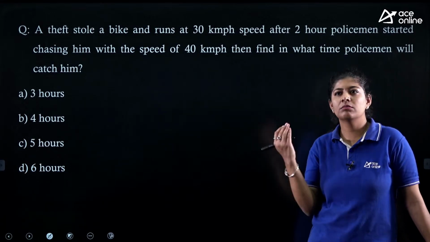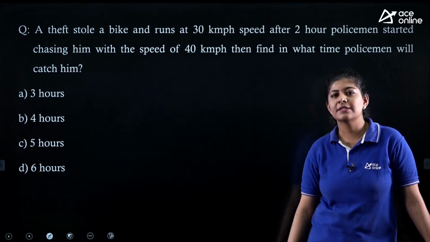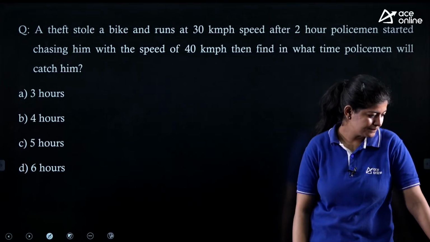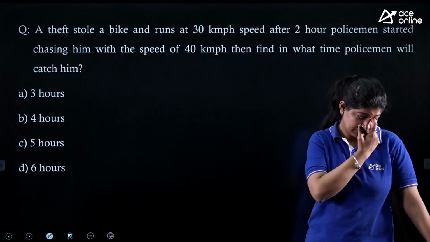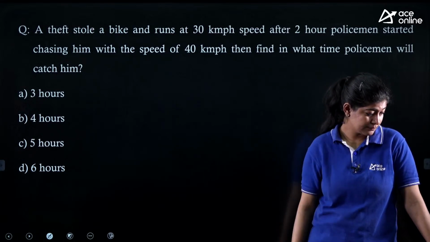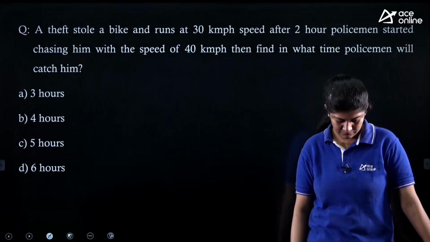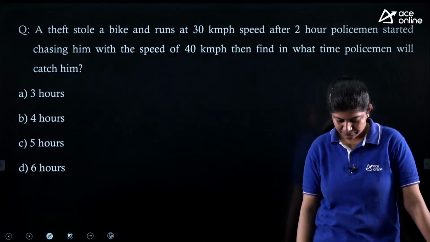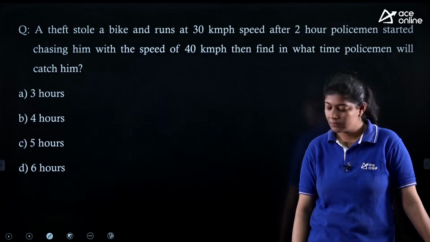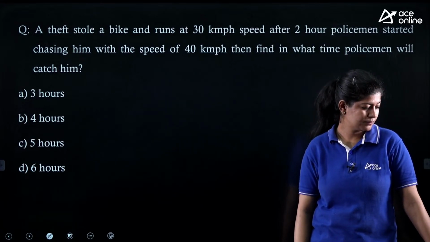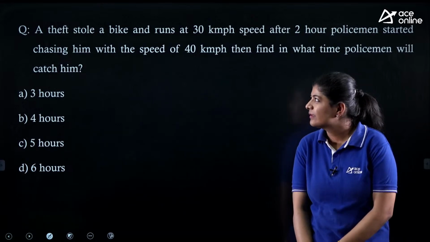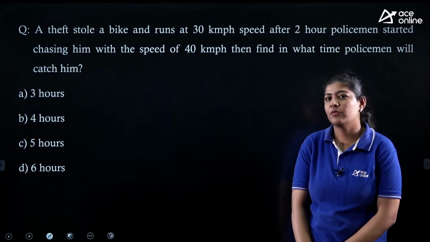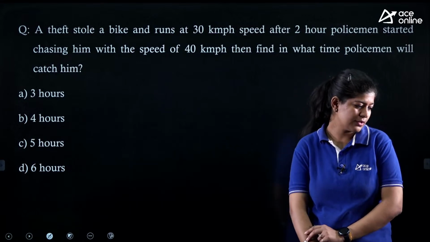If you go time wise also, then you can easily get the answer. There are 2 methods to solve this type of questions quickly, and we are going to discuss both of them.